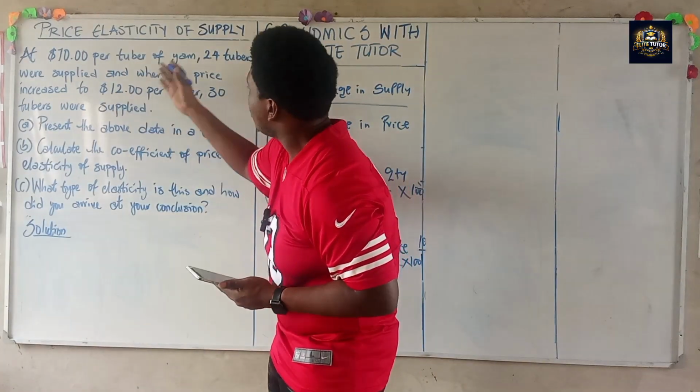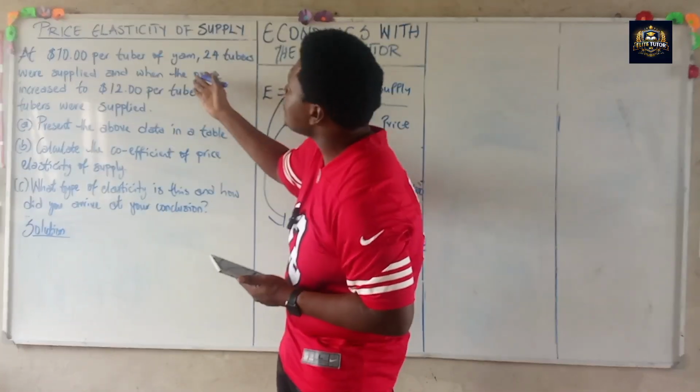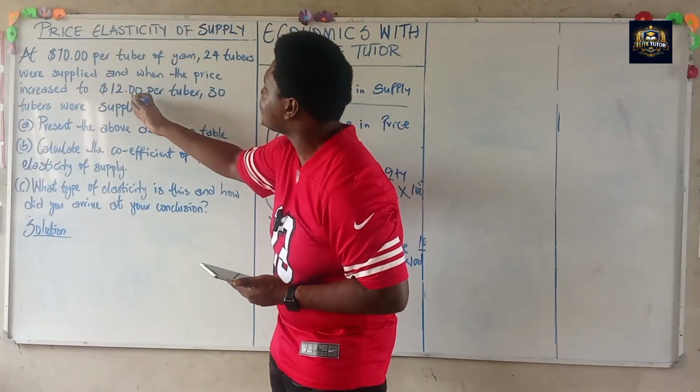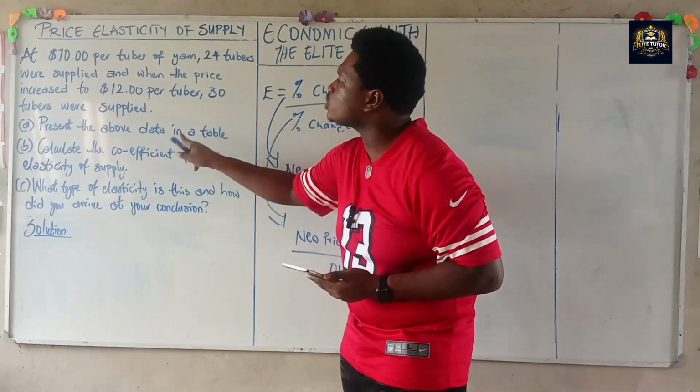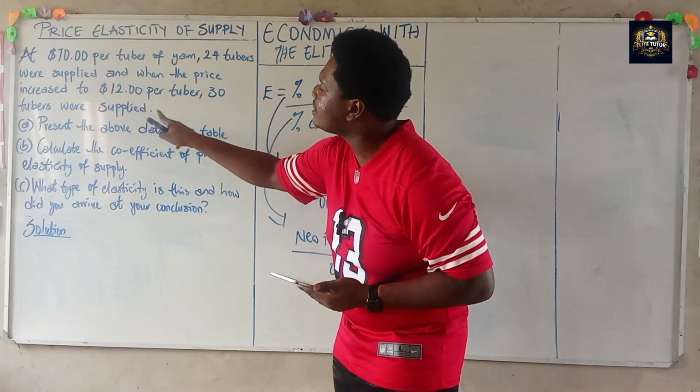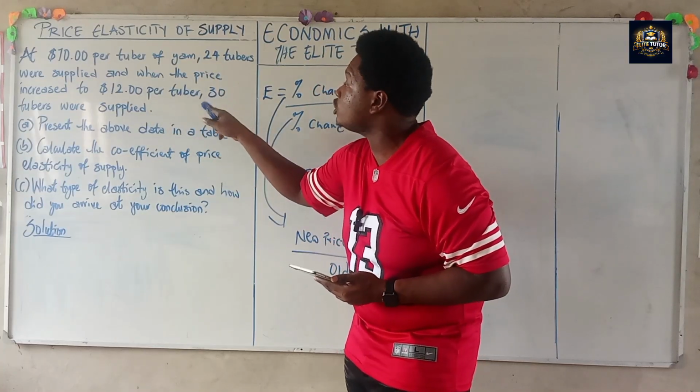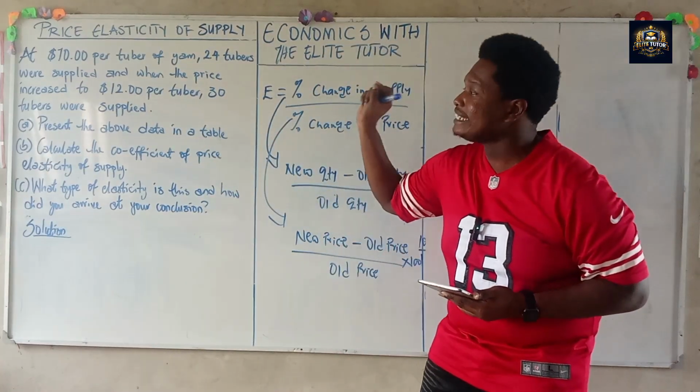And when the price increased to $12 per tuber, what happened to the quantity? The quantity increased to 30 tubers, and 30 tubers were supplied.